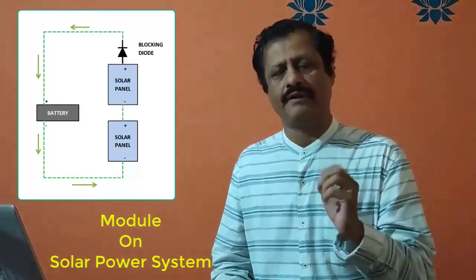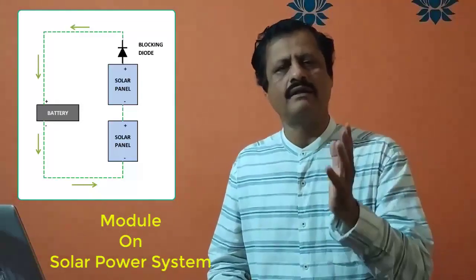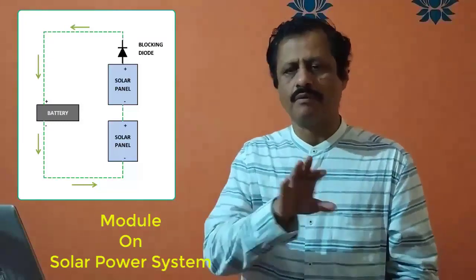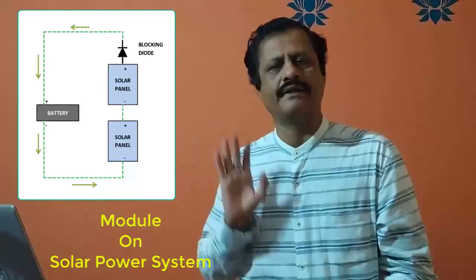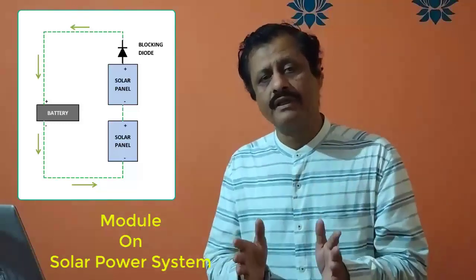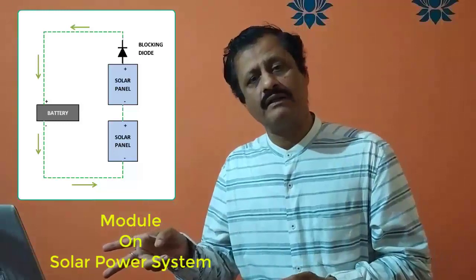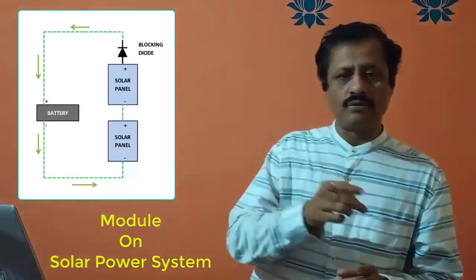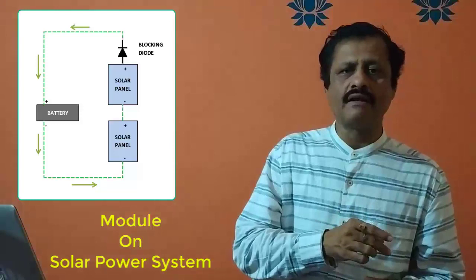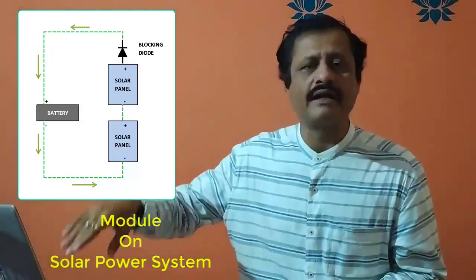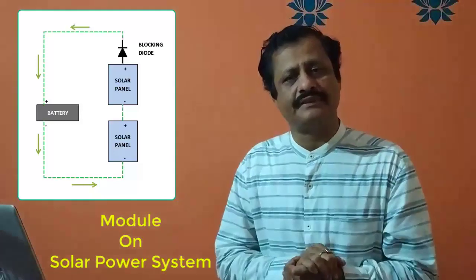Why? In the whole day, PV cells are generating the voltage, generating the power and giving it to the battery. Now in the evening, they are not generating, but the connection is there to the battery. Then that battery current can come back to the solar panel, the reverse power can go, and thereby your battery will get drained to some extent.